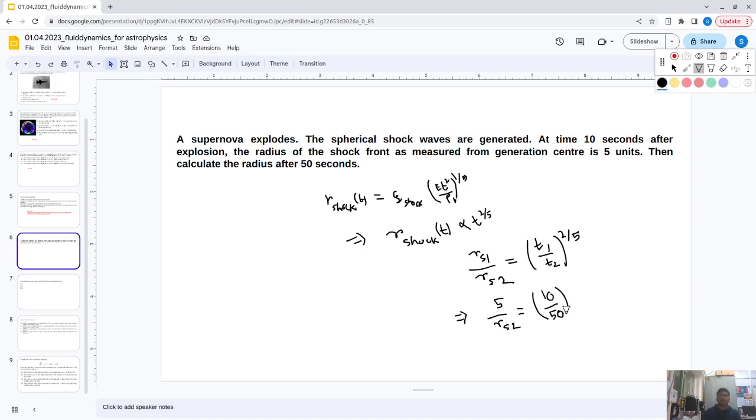Okay, so 2 by 5. So that means your R2 will be 5 into 5 to the power 2 by 5. Okay, so that will be your answer for this question. Fine. So 5 to the power 7 by 5 will be your answer.